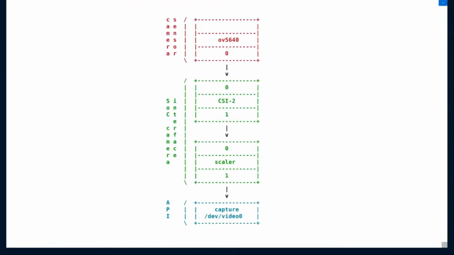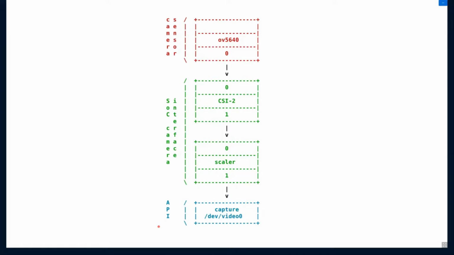So let's begin. Let's talk about the video capture Linux media domain for a while. A while ago, like 10 to 15 years ago, the Linux media and the video capture domain was quite simple.